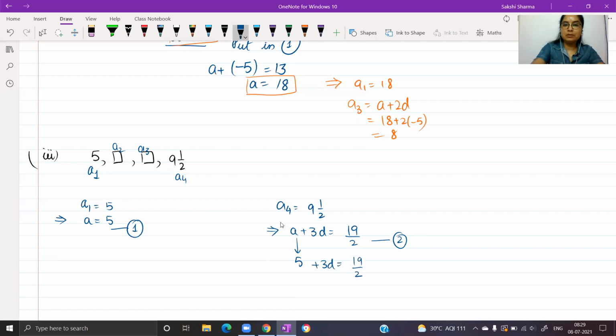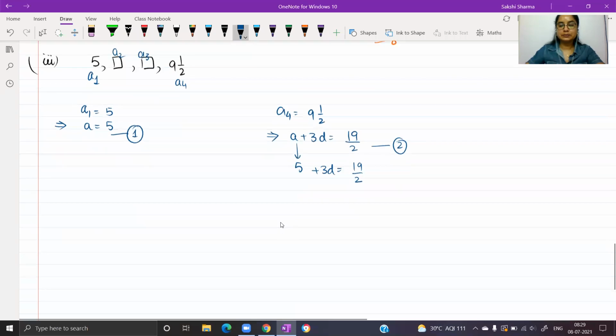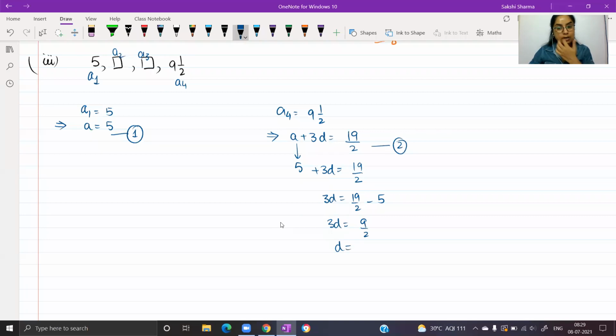Let's find out D from here. So D comes out to be 3/2. Now we have first term, the common difference. We can find out the missing terms.